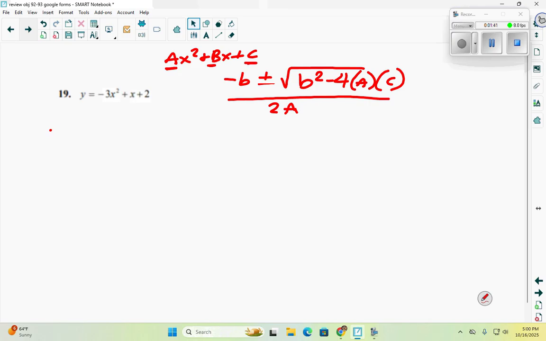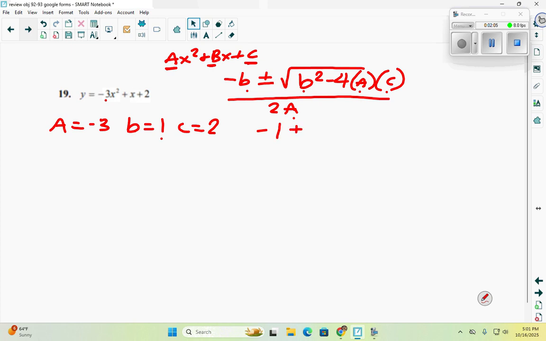Okay, so looking at this equation, my a is right there. So my a is a negative 3, my b is 1, and my c is 2. Okay, so now we're going to replace all of these letters in this equation with those numbers and simplify this down. It's a negative b, so my b is 1, so I'm going to put a negative 1.